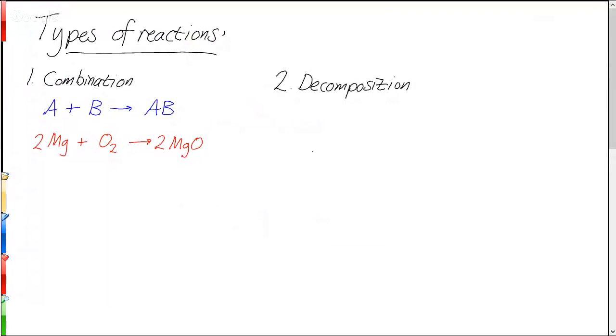You start with one thing and then it breaks apart into other things. So you start with some compound like AB, and then it decomposes into A and B. The one we did on Tuesday that was this type was the calcium carbonate. So calcium carbonate decomposed to make calcium oxide and carbon dioxide.